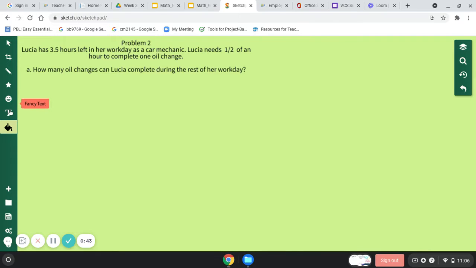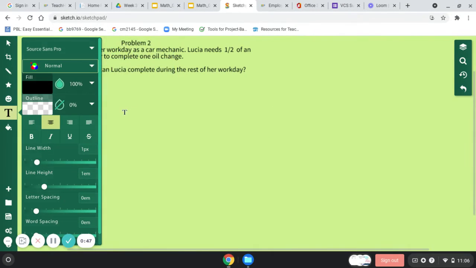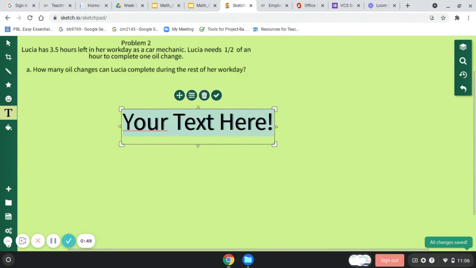Okay, awesome. So the situation that is occurring in this problem is that we have a lady named Lucia, and she's a car mechanic. She has a certain amount of hours left in her workday, and she has to complete an oil change.